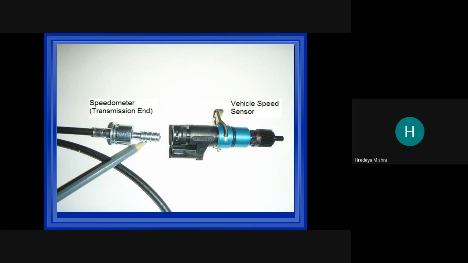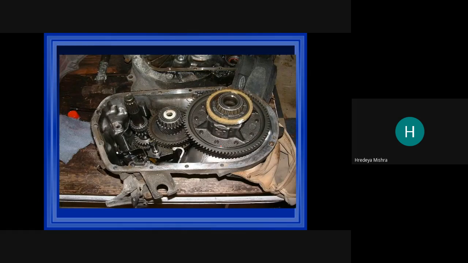This wire passes the rotation information to the vehicle speed sensor, and this represents the vehicle speed. Now see the gear system for the speed, because the gear system is also responsible for the higher or lower speed of the vehicle.